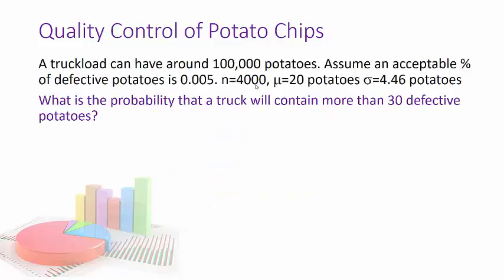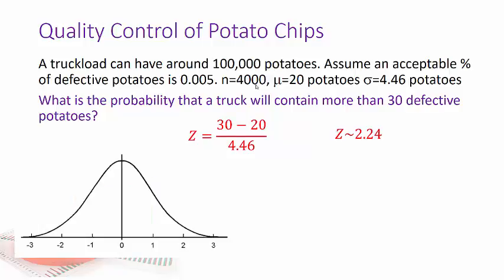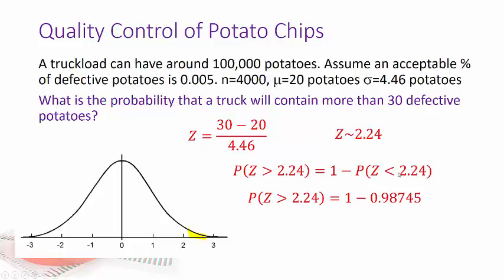So what is the probability that a truck will contain more than 30 defective potatoes? Well, we need to calculate our z-score. We're going to use a normal distribution. I get z is 2.24. So on my normal distribution model, that would be roughly over here. Now, if you're using the table, it gives the value to the left of 2.24. So I can say the probability that z is greater than 2.24 equals 1 minus the probability that z is less than 2.24.